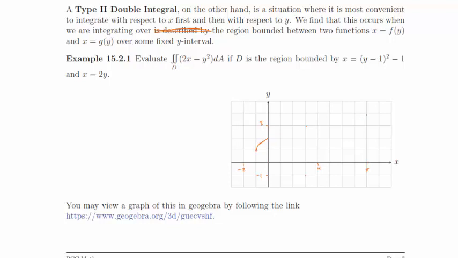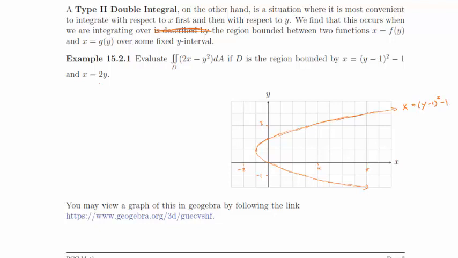So we should have 8, 4, and 8, negative 2. All right, so this is x equals (y minus 1) squared minus 1.